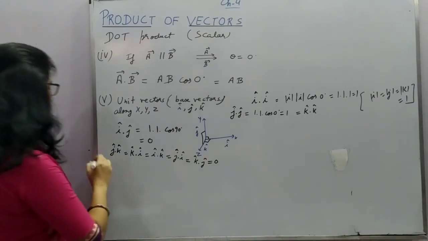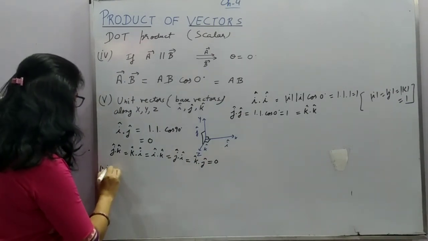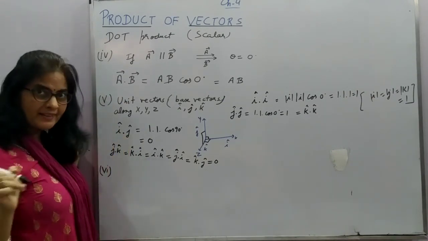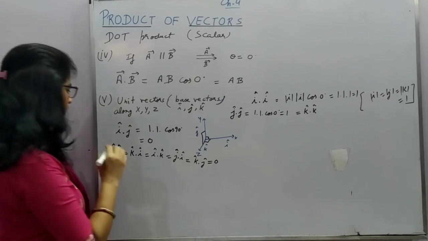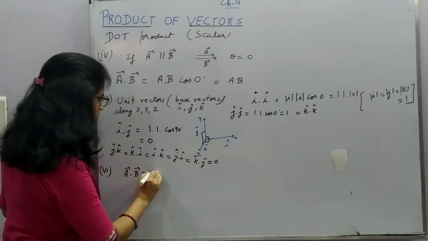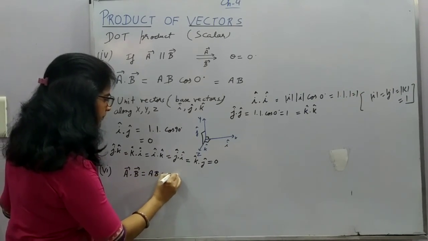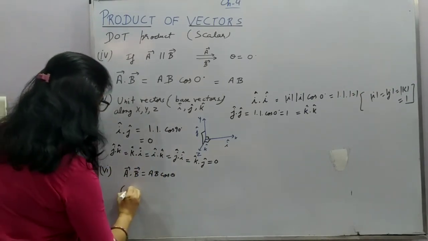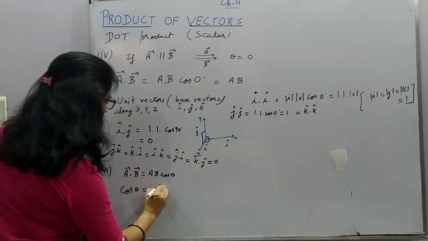Now, next property, all important point you can say is, we know that if we have to find the angle between the two vectors, we know that A dot B is equal to AB cos theta. Right? So if I want to find the angle between the two, I'll have to write this.